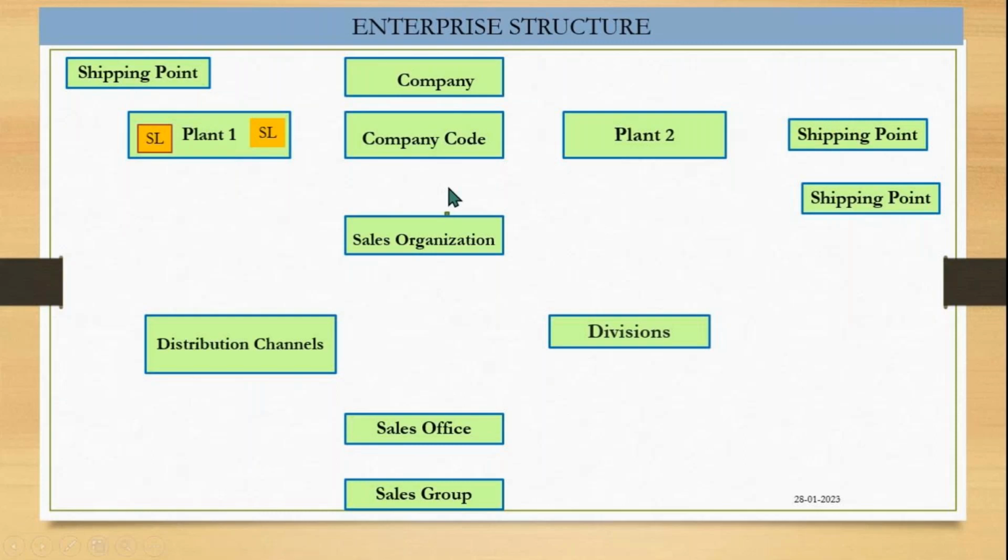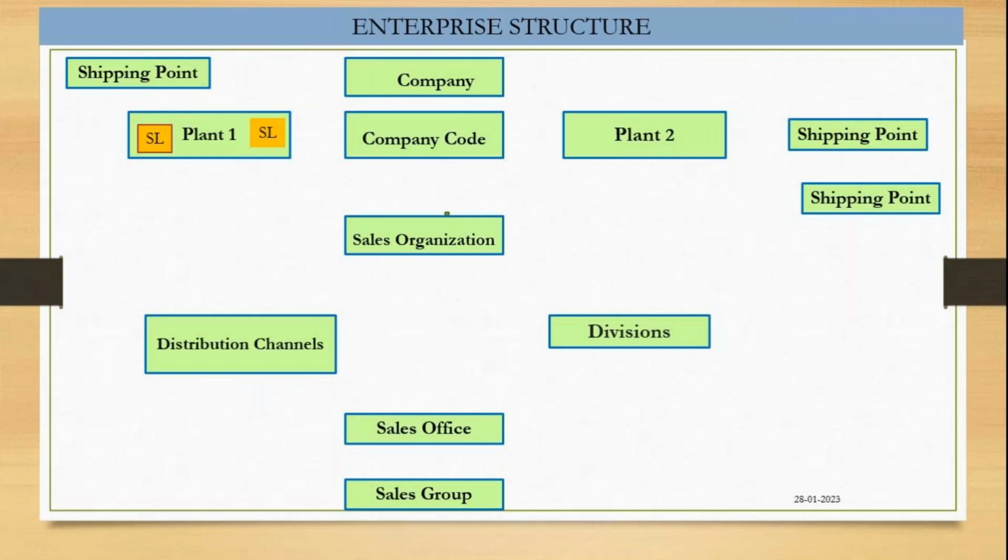For that reason, we need to have the company code details here. So we define them. Usually these are under the FICO module. And the sales organization, distribution channel, divisions, sales office and sales group, these five organizational elements are under sales and distribution.